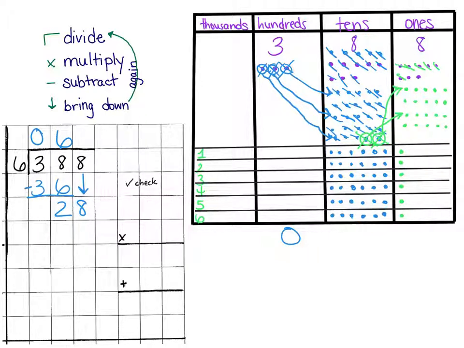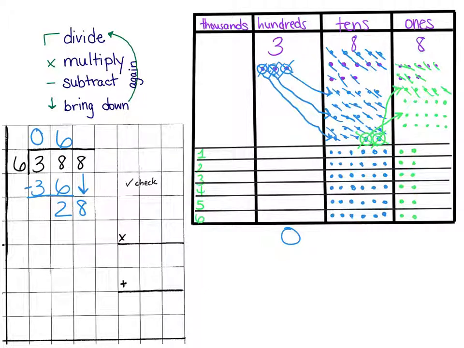That is 6. 1, 2, 3, 4, 5, 6. And now I'm going to go for my next group of 6. 1, 2, 3, 4, 5, 6. There's the next group of 6.